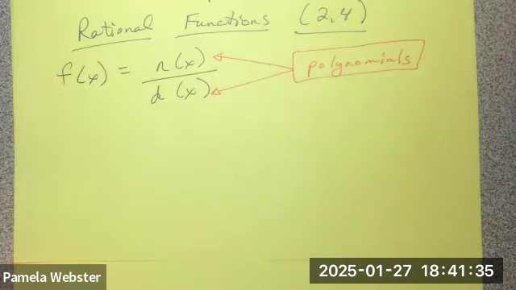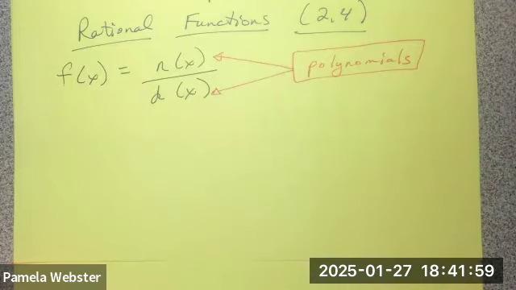Not negative, but they can be zero. X to the zero is a 1, that's okay. And the coefficients are all going to be real numbers, so you can't have 4i or 3i as a coefficient. They've all got to be real numbers, but the coefficients can be fractions and decimals and stuff like that.